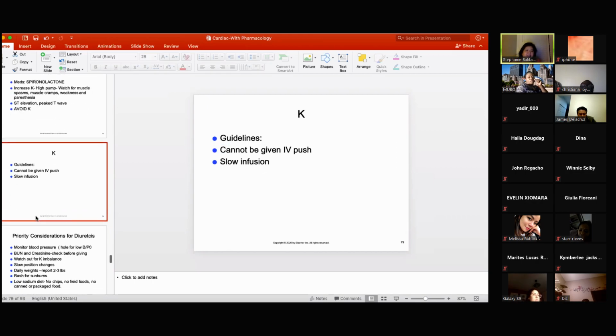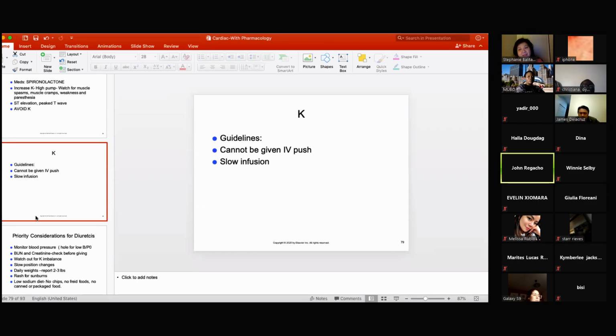Guidelines, just so you know, potassium cannot be given IV push. You know what they give people when they're giving them medications on death row? When you're scheduled to die on death row, one of those medications is potassium. Yeah, that's right.